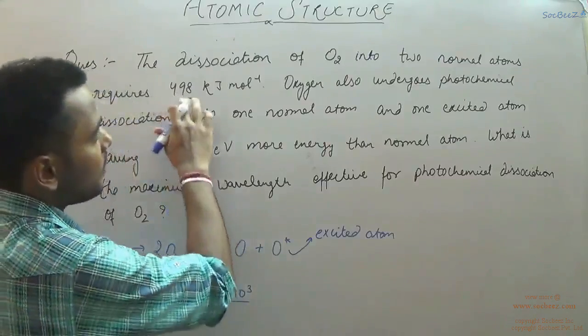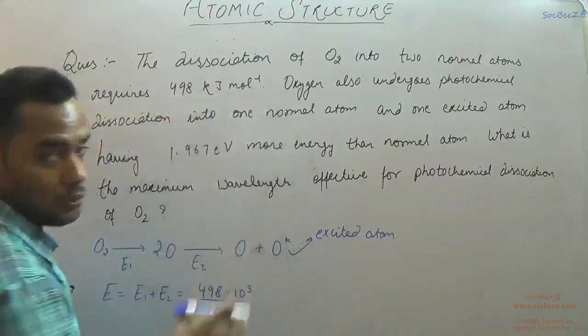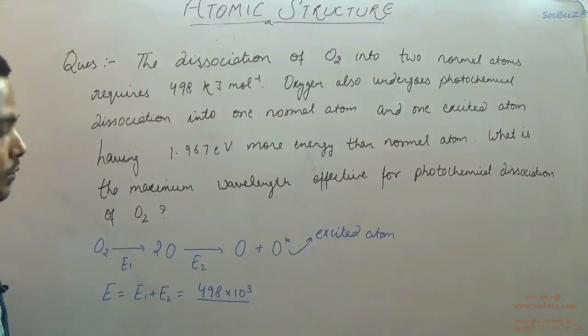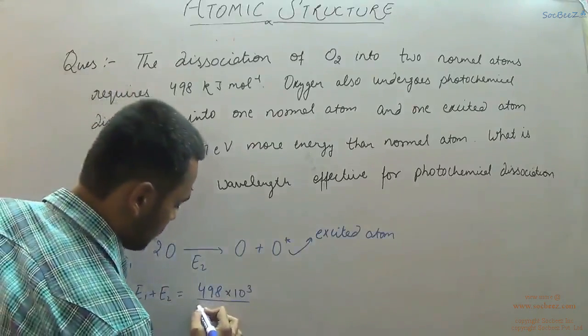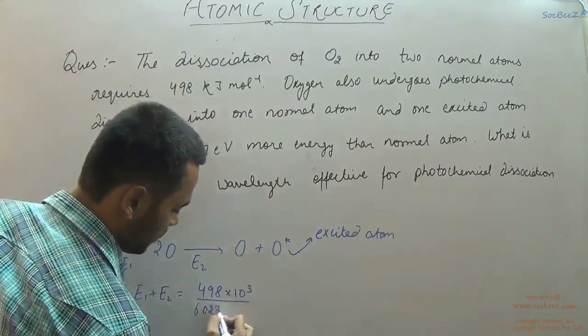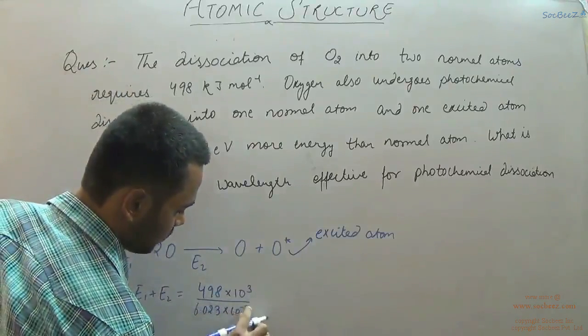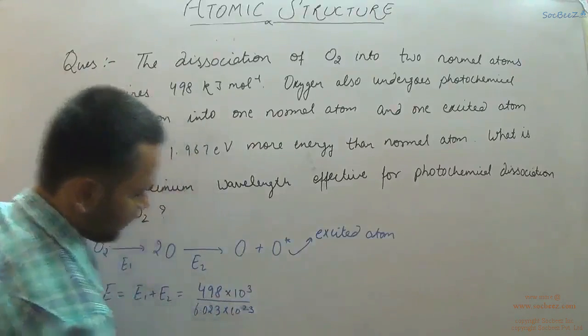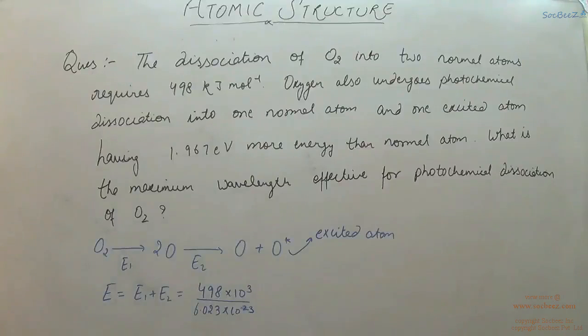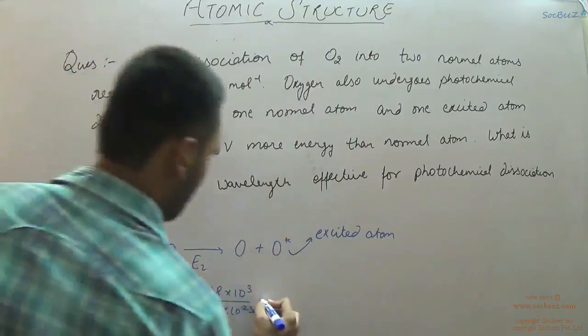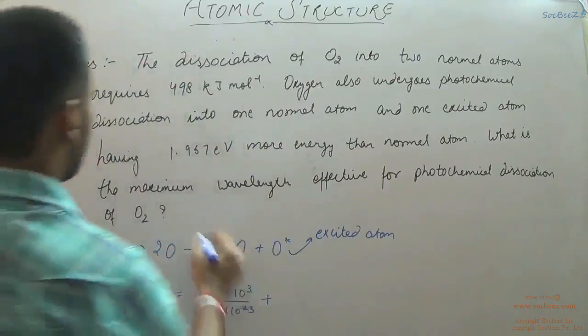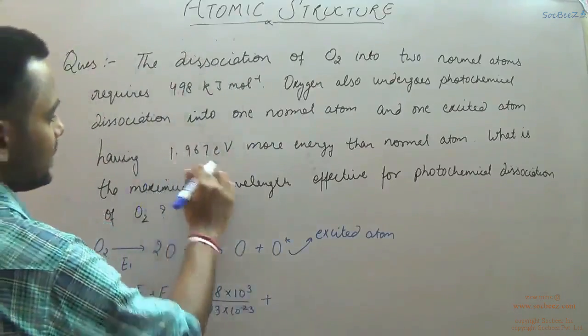In order to convert kilojoule per mole to per molecule, we need to divide it by Avogadro number, which is 6.023 into 10 raised to the power 23. So this is E1, and plus E2. E2 is nothing but 1.967.